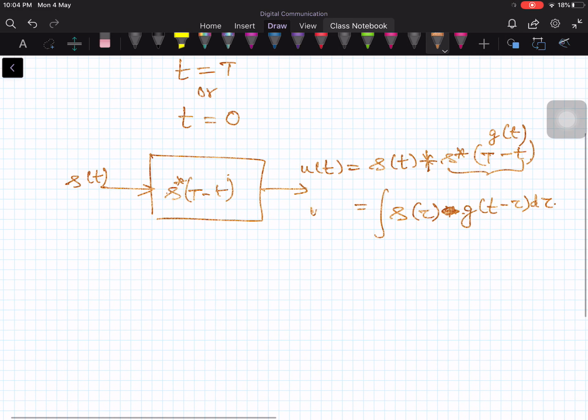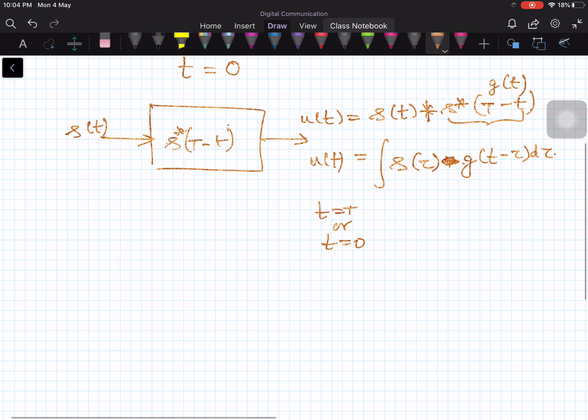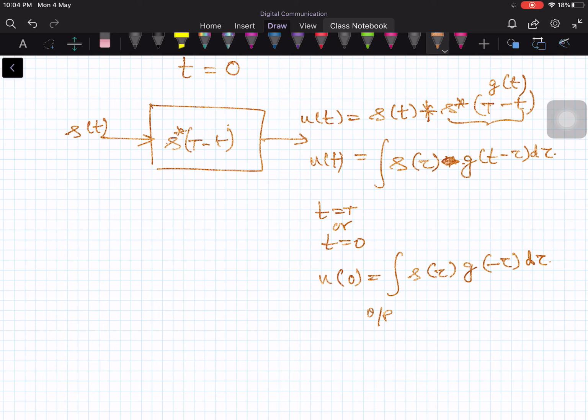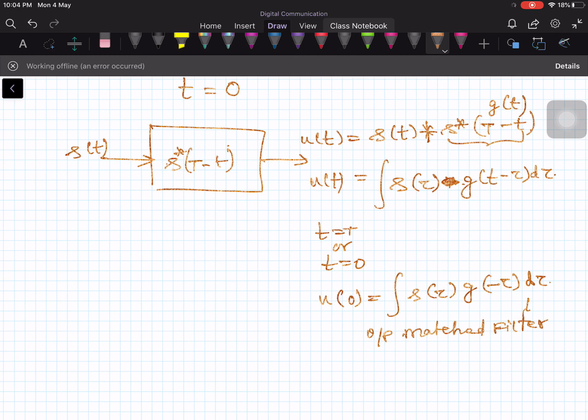This is your u of t. Now let me set t equal to capital T or t equal to 0. Then u of 0 is s of tau times g of tau times d tau. This is the output of your matched filter at t equal to 0.